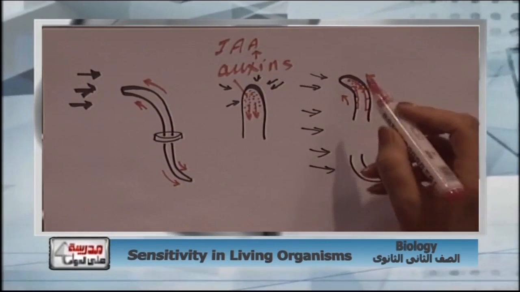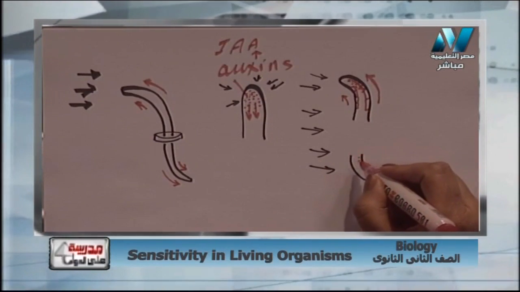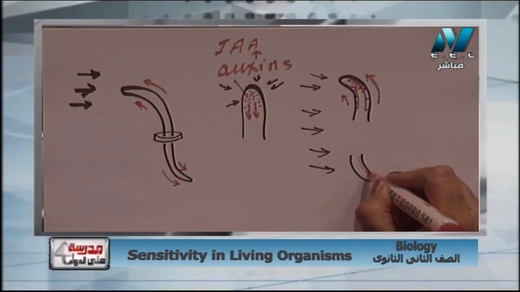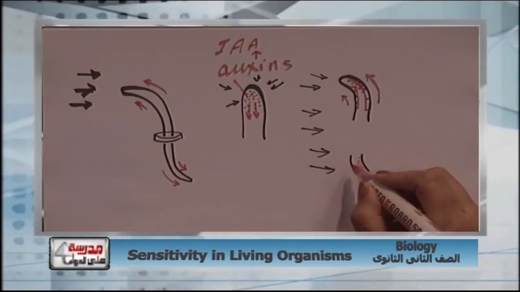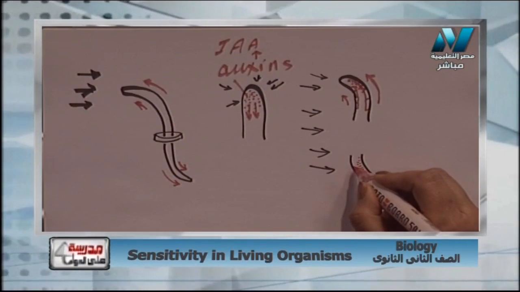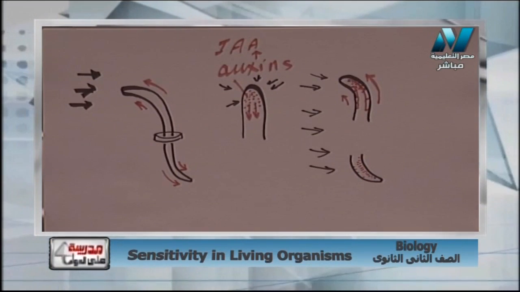As we said, the auxins migrate away from light. So light caused the migration of auxins to the side away from it, the dark side. And the side facing light contains low concentration of auxins.